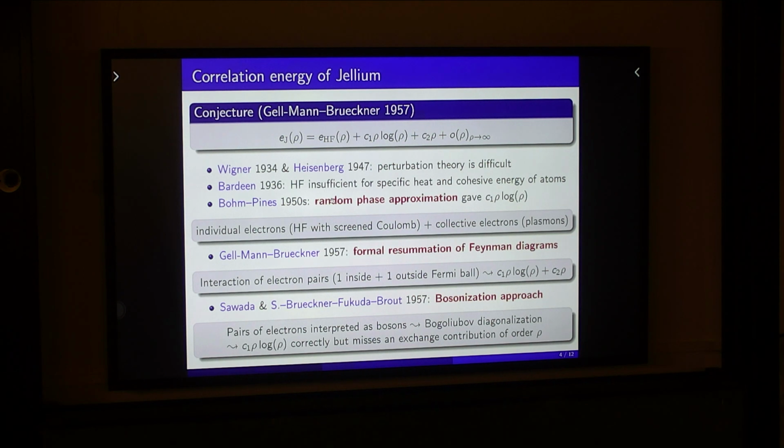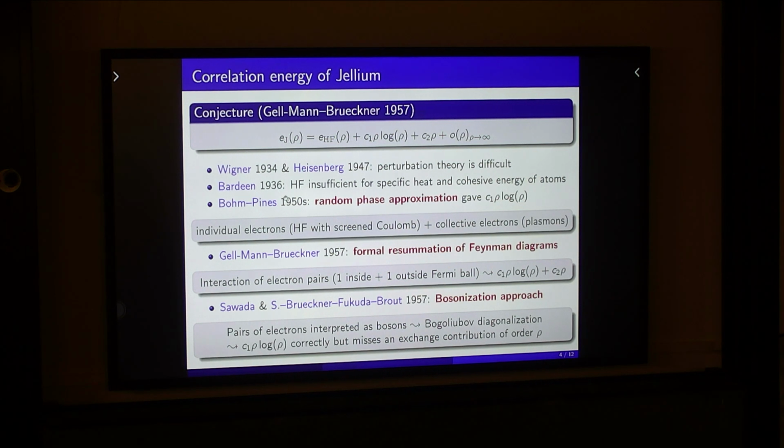So then the first real attempt to go beyond the Hartree-Fock energy was by a series of papers of Bohm and Pines. There were 4 papers. The first 2 of them were about the classical theory, and then there were 2 about the quantum part.